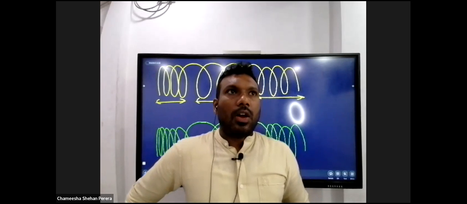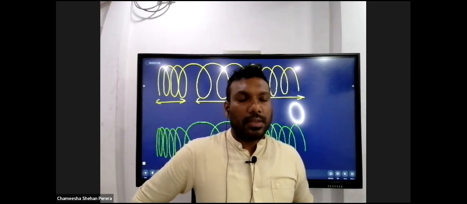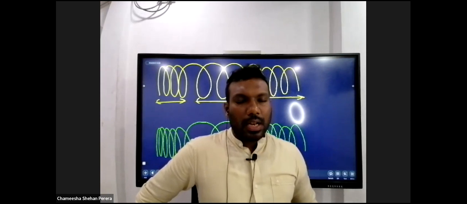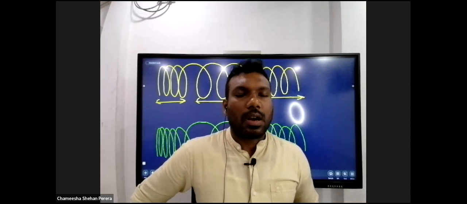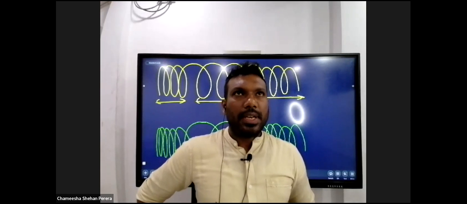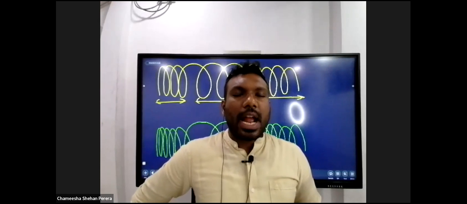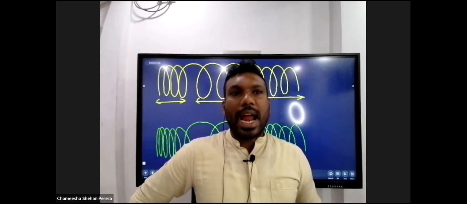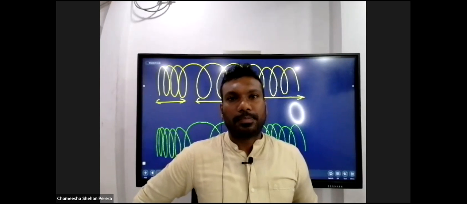Next point. Longitudinal waves with crowded compressions and rarefied rarefactions carry more energy.